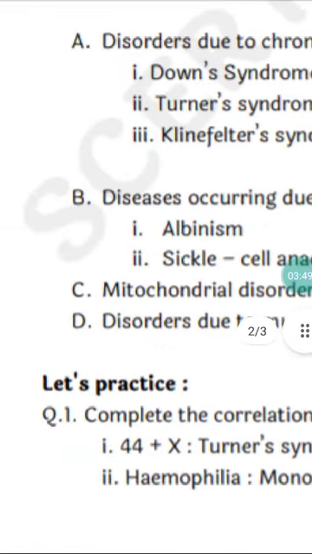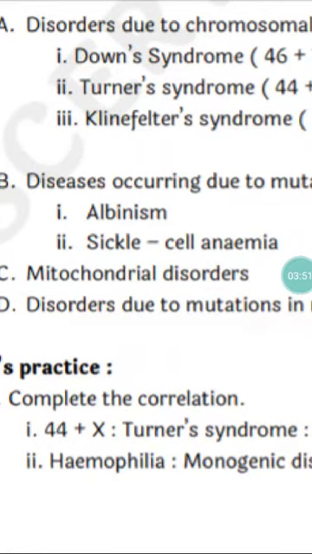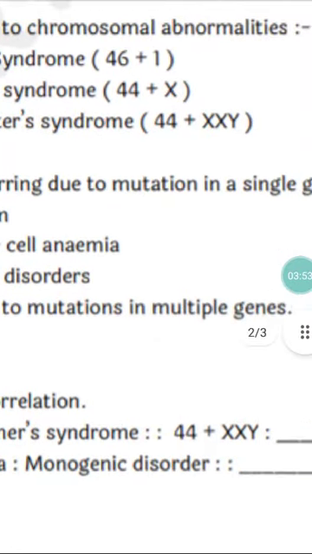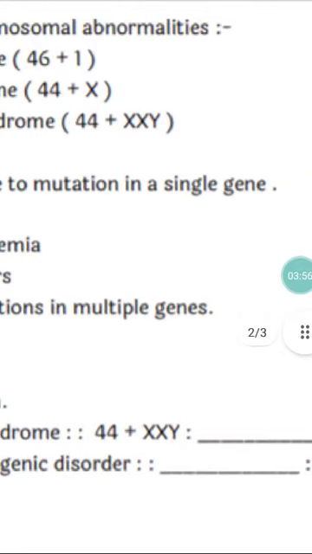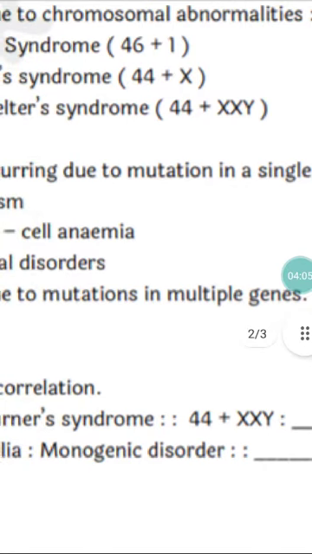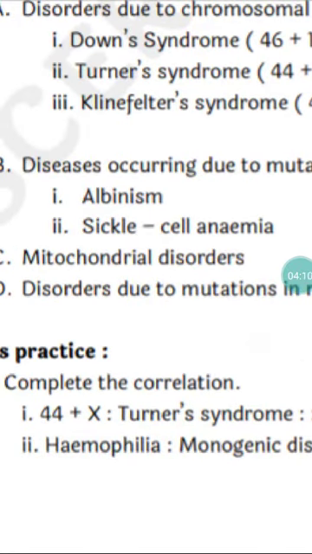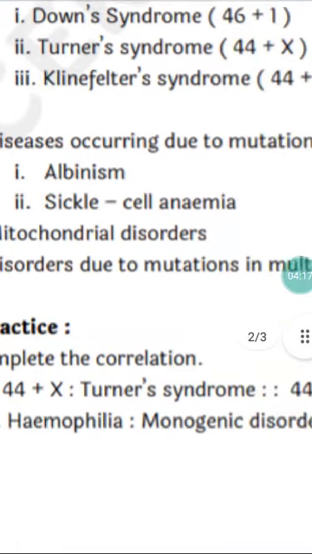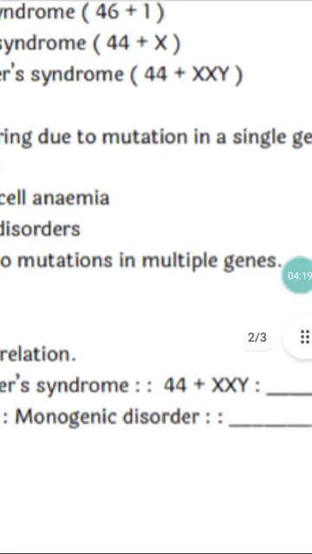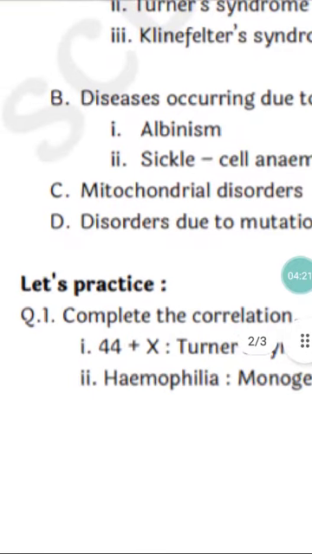Next, we had studied diseases occurring due to mutation in a single gene, meaning the number of chromosomes is normal, that is 44 plus 2 sex chromosomes, but there is a mutation. If a mutation occurs in a single gene, it will also lead to diseases. The first is albinism, second is sickle cell anemia, then mitochondrial disorder, and the disorders due to mutation in multiple genes.